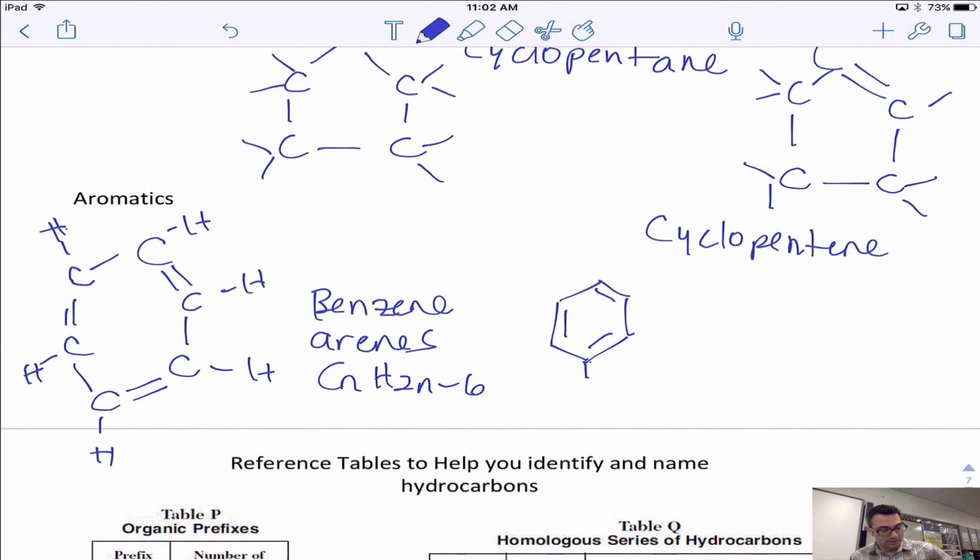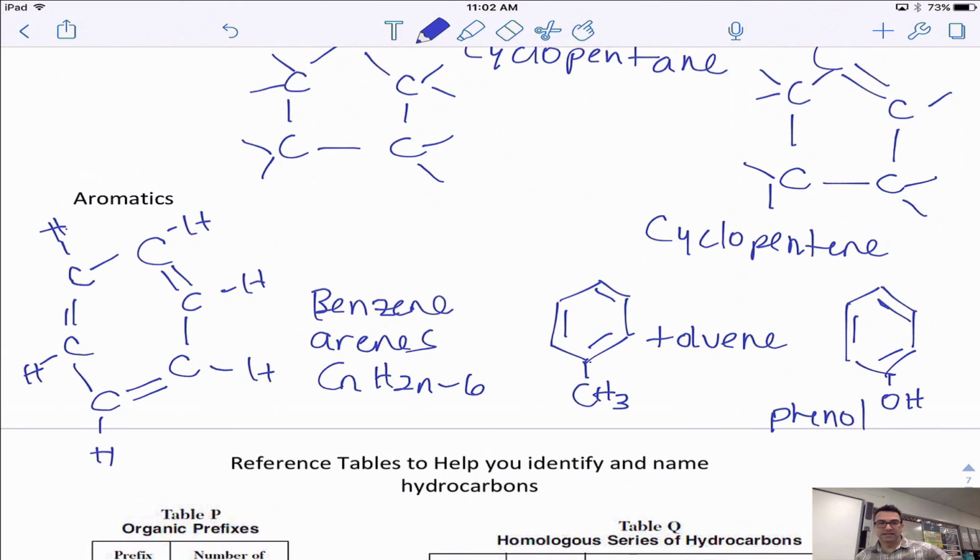And if we were to put in a methyl group, this becomes called toluene. That's the common name for it. And we could also have, where we have this benzene group, and we add an OH group to it, and this actually would be called phenol.